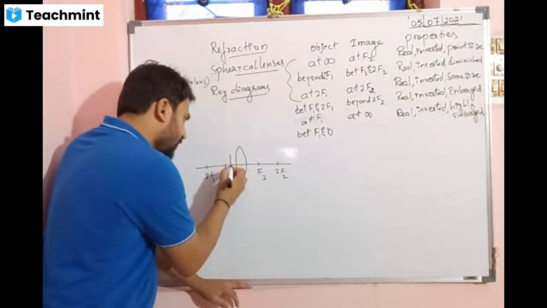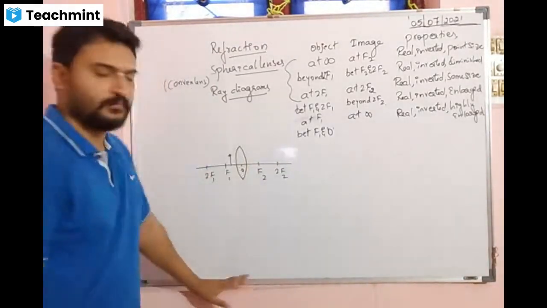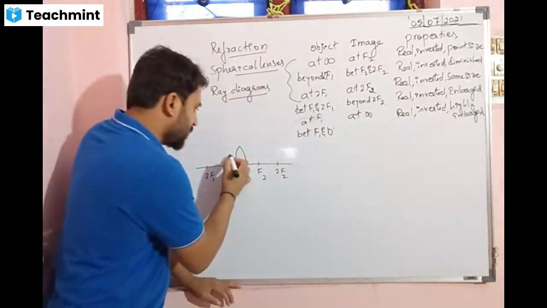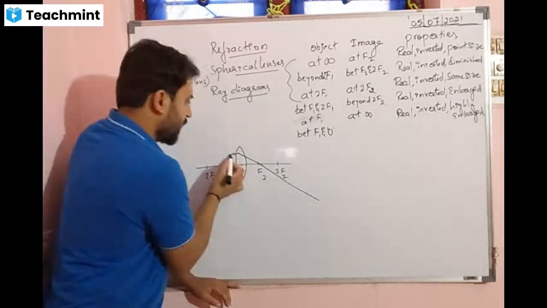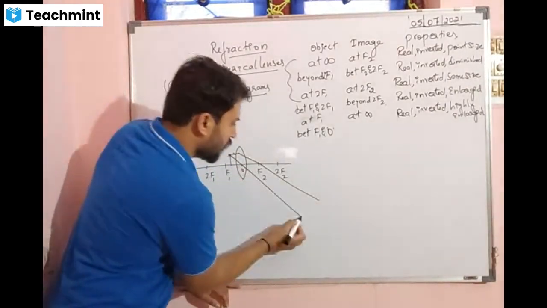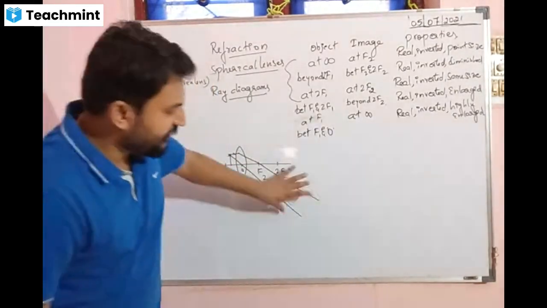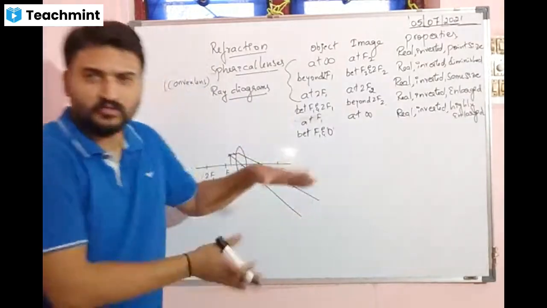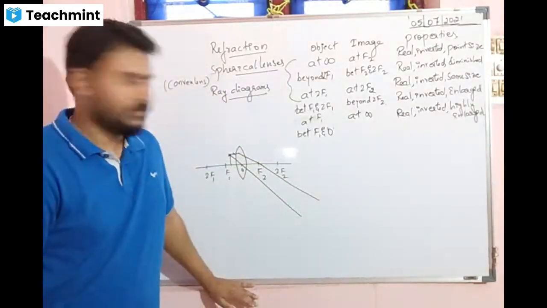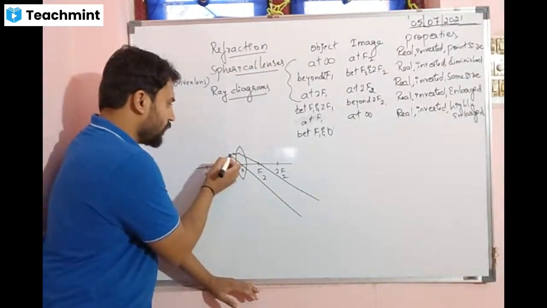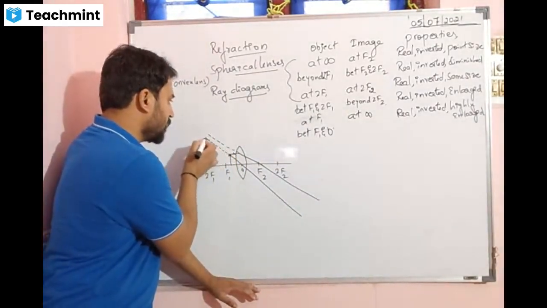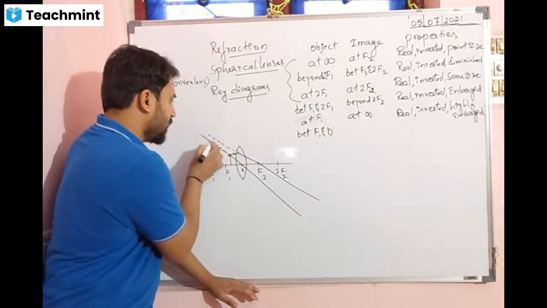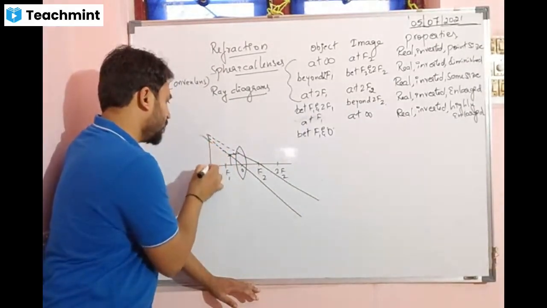When the object is placed here, the ray goes and passes through F, and another goes through O. Do you think these two lines will meet anywhere? Are they moving near to each other or far away from each other? Far away. So we will extend them, and they will meet somewhere here.